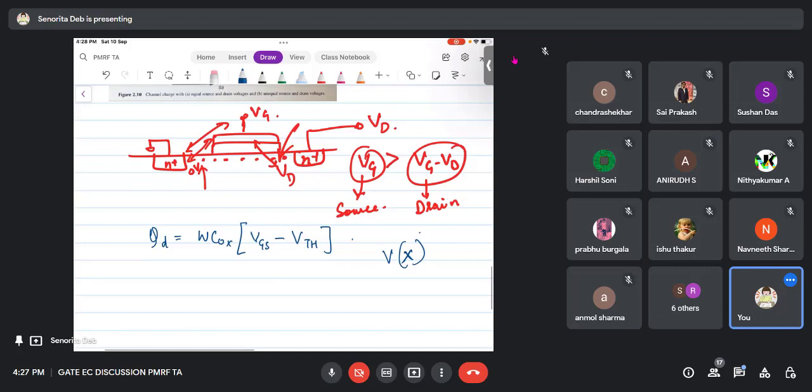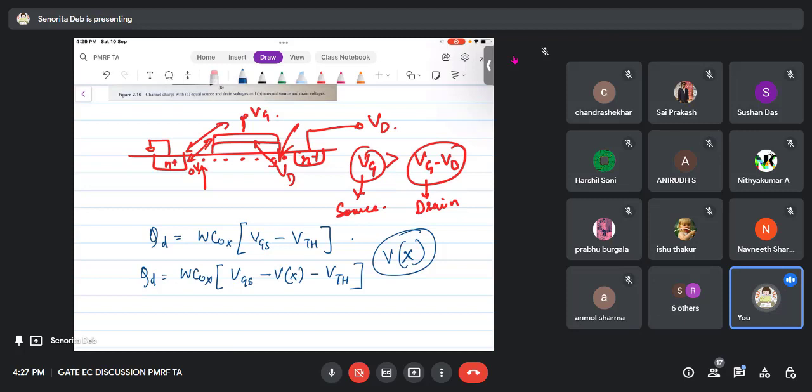So now you can write Q_D as W Cox times (Vgs minus V(x) minus Vth), where V(x) is the channel potential at x.